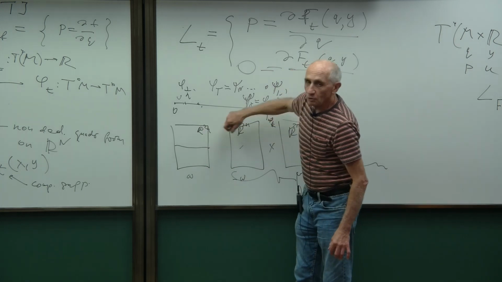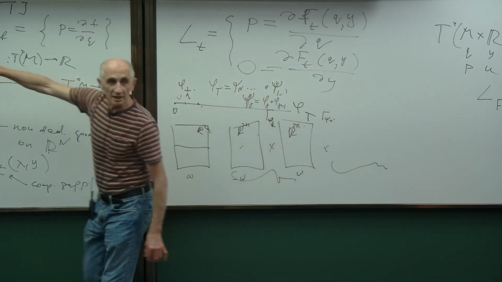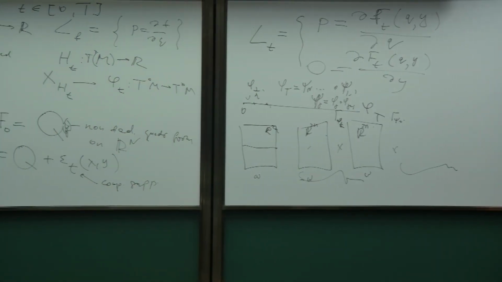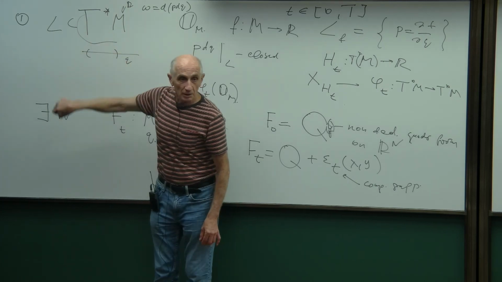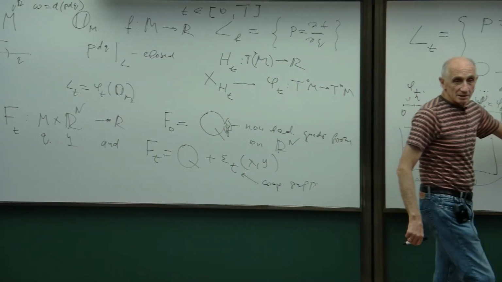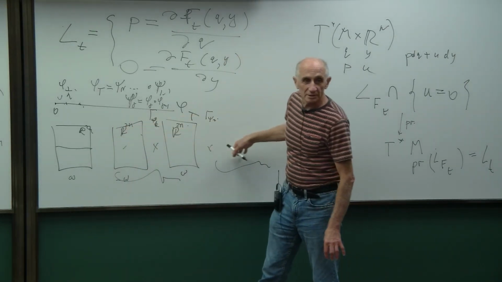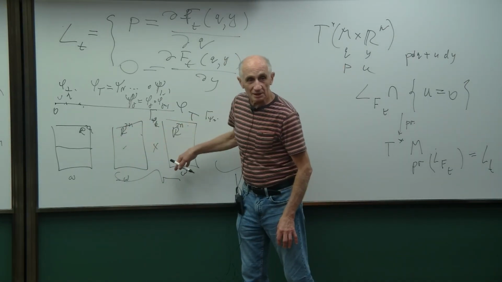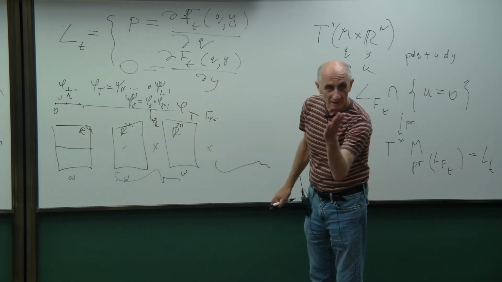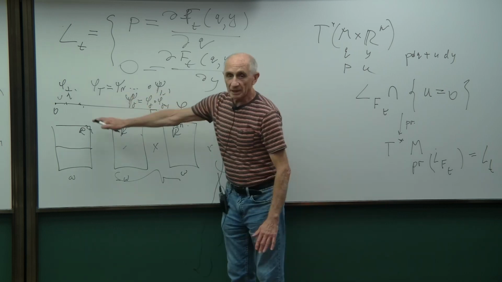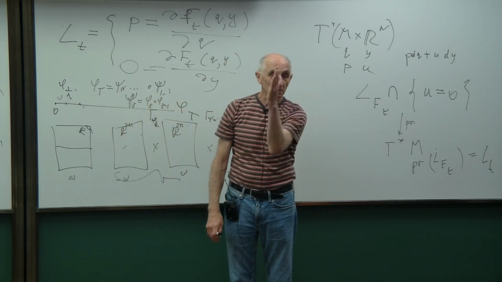Okay, why I wrote R to 2n? Because I was proving first for the case where our M is equal to R2n. And the reason why it was extremely important that it's R2n and not anything else is that this is a Euclidean space, a symplectic linear space, and in this symplectic linear space there is an enormous number of Lagrangian subspaces.